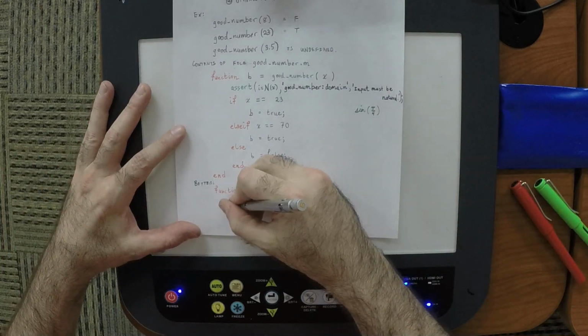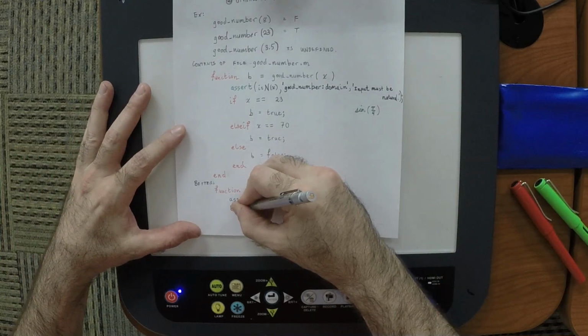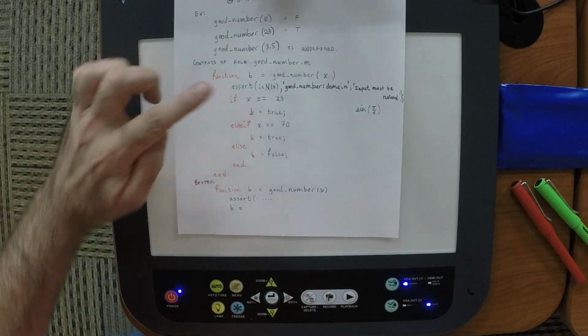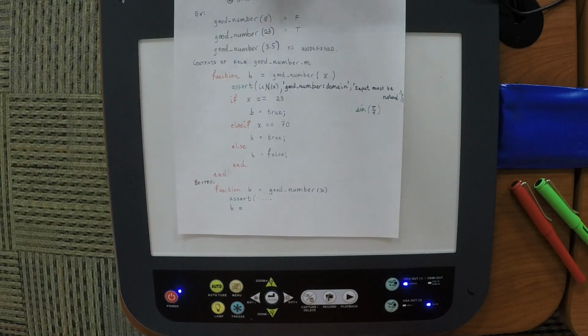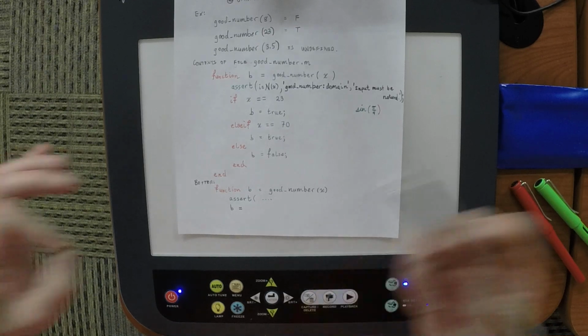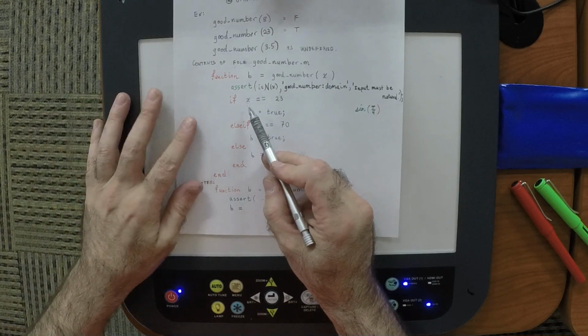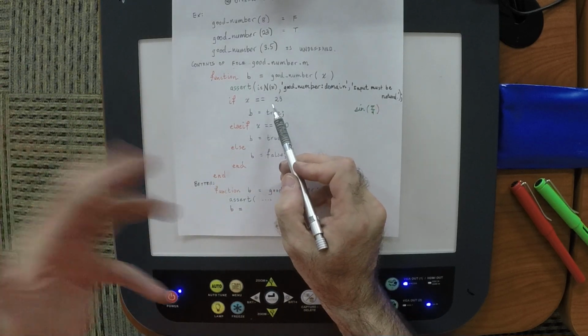b is assigned the value. Now, the test for equivalence is written as equal equal, but actually it's a function. Its first argument is the thing that you write on the left, and its second argument is the thing that you write on the right.